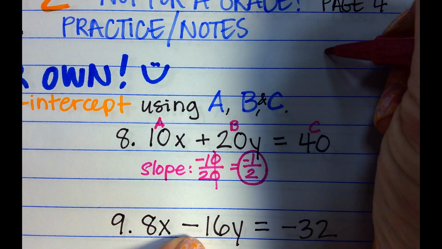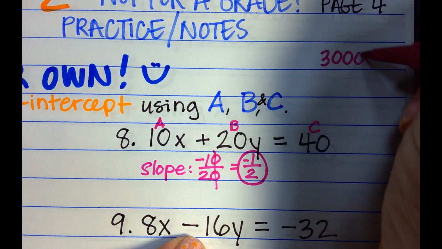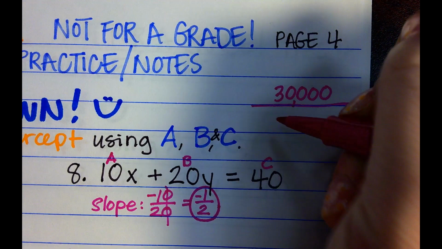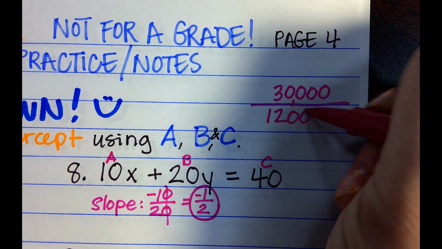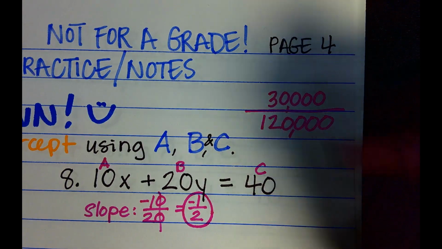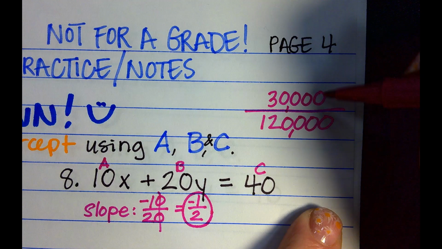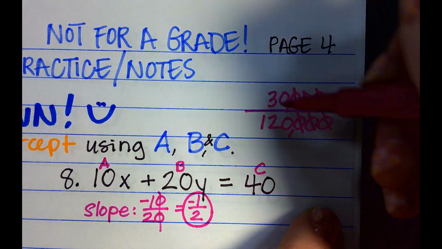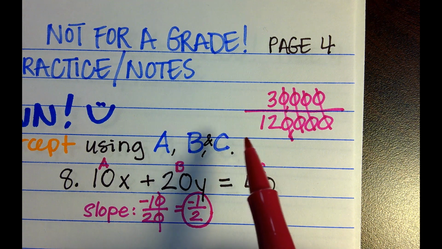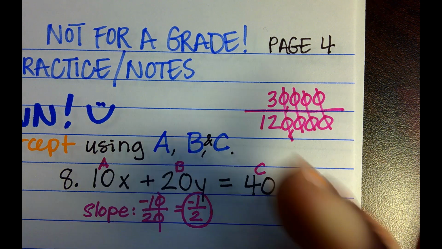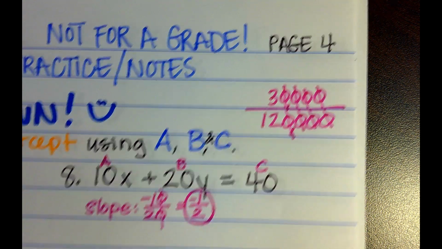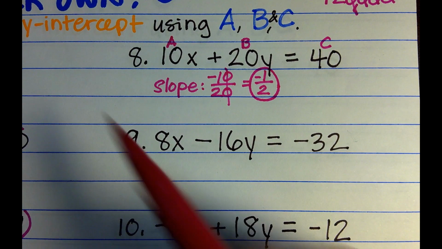Like a quick example to the side: if I had 30,000 over 120,000, you don't have to write this, I can cross off pairs of zeros and simplify it like that. 3 over 12. You could simplify that more, but this would at least get rid of part of it. So zeros cancel when they're on top of each other. Kind of cool. All right, so there's our slope.